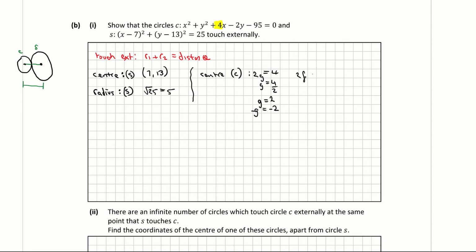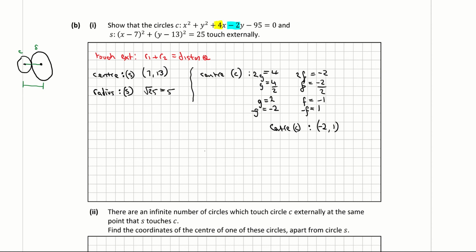So 2f is equal to negative 2, the coefficient of the y. F is equal to minus 2 divided by 2. F is equal to minus 1. Minus f is equal to positive 1. So that means then that the center of C is given as minus 2, 1.